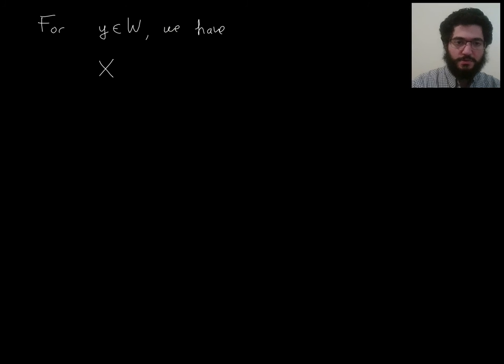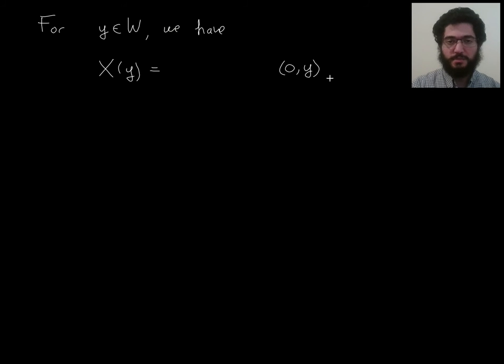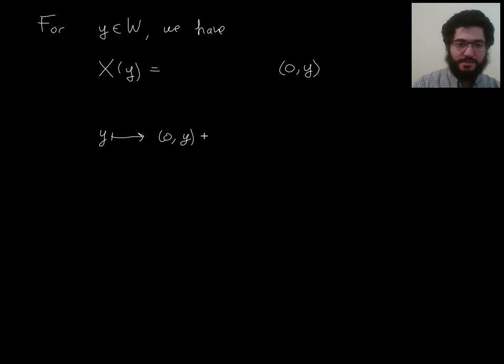So for y in w, x of y is given by first take y and then look at 0, comma y as an element of Rn plus m. So in other words, embed y. So let's follow along a series of mappings.